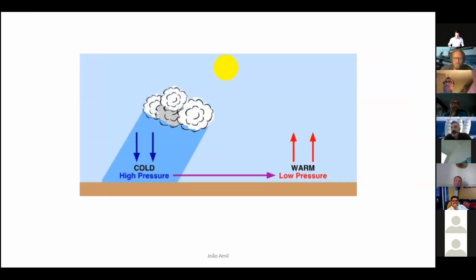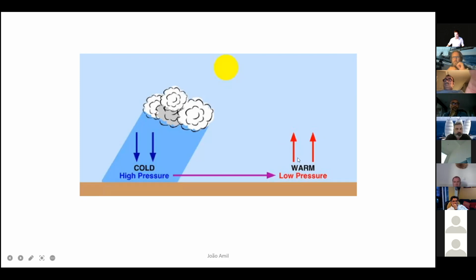So we have a very interesting and basic concept, which is, warm air tends to rise. As it rises, it cools down slower than the surrounding air, and the cold air will tend to come down. As it comes down and accumulates over the surface, you start to have high pressure. As the warm air goes up, it starts to create a low pressure.